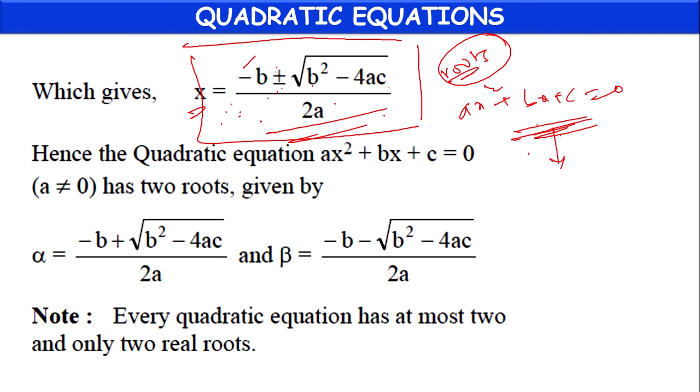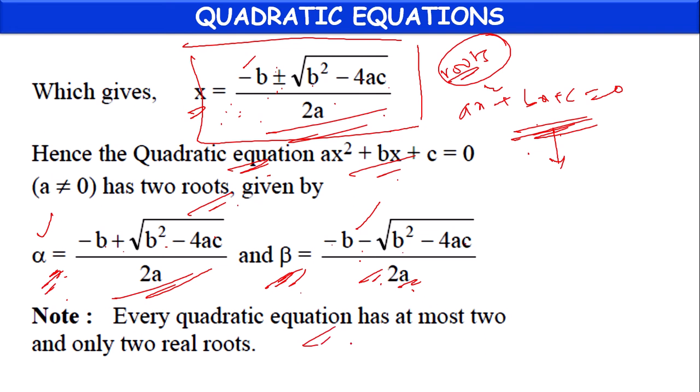That is, the two roots are, one is minus b plus root of b square minus 4ac by 2a. Let us consider it as alpha. Another one is minus b minus root of b square minus 4ac by 2a. Let's consider it as beta. So every quadratic equation, as per Sridharacharya method, will have two roots, one root equal to alpha, one root equal to beta.